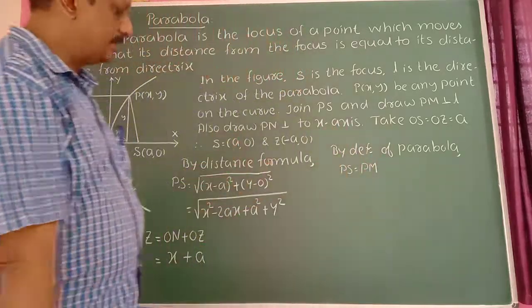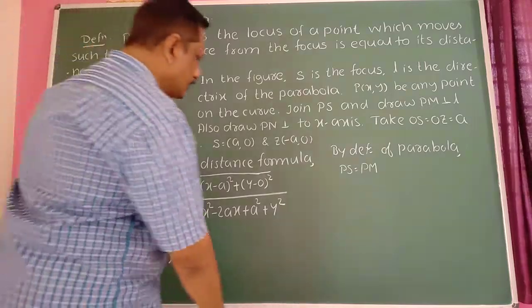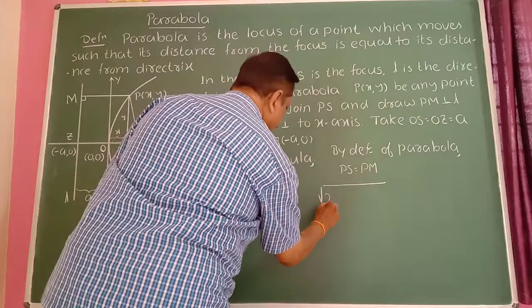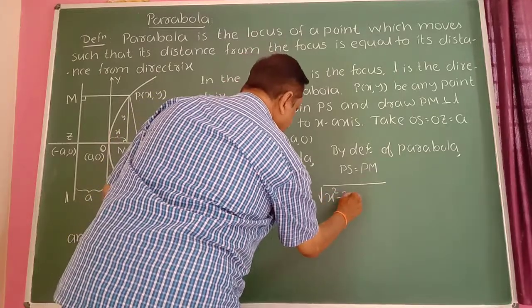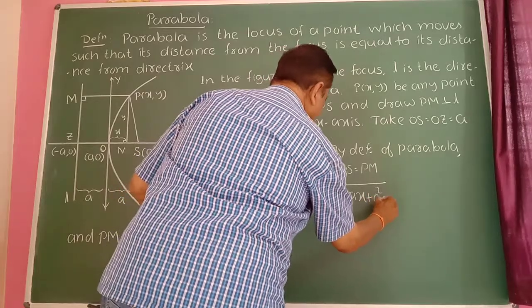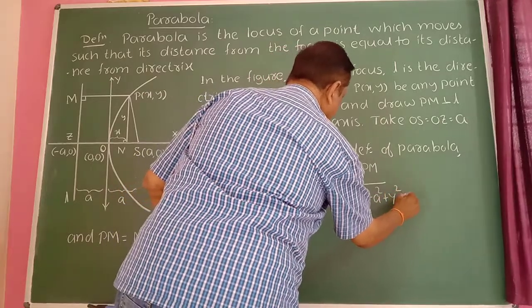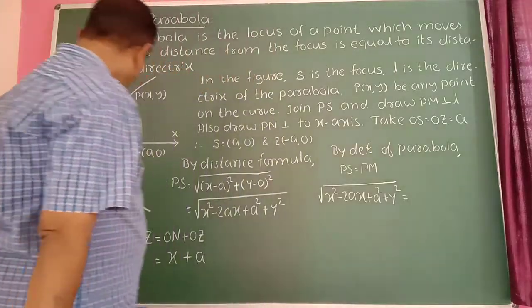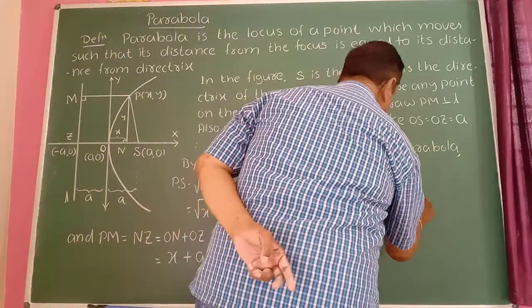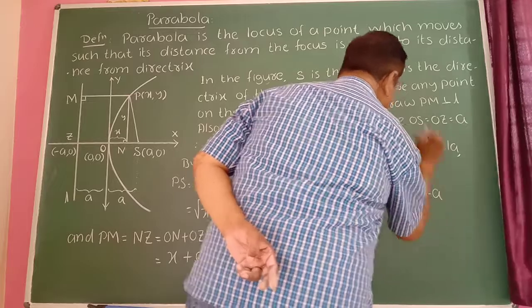This is the right definition. But PS is this, so the root of x square minus 2ax plus a square plus y square is equal to PM, which is x plus a.